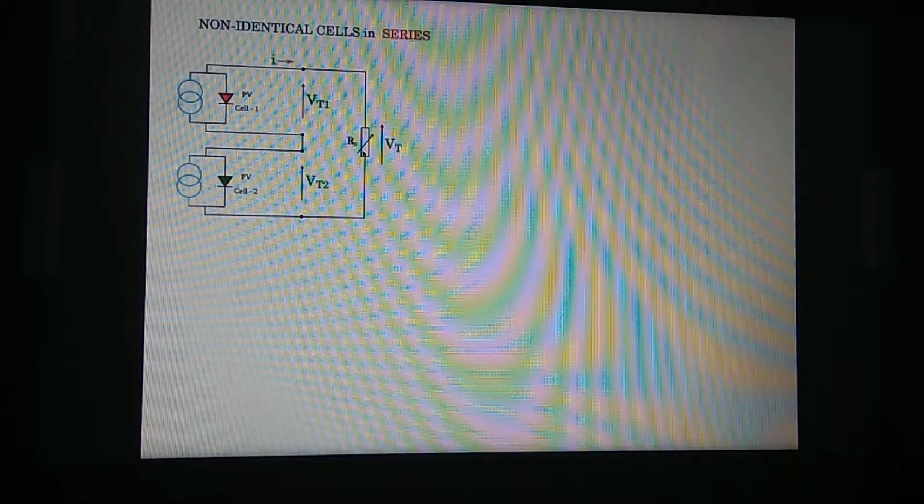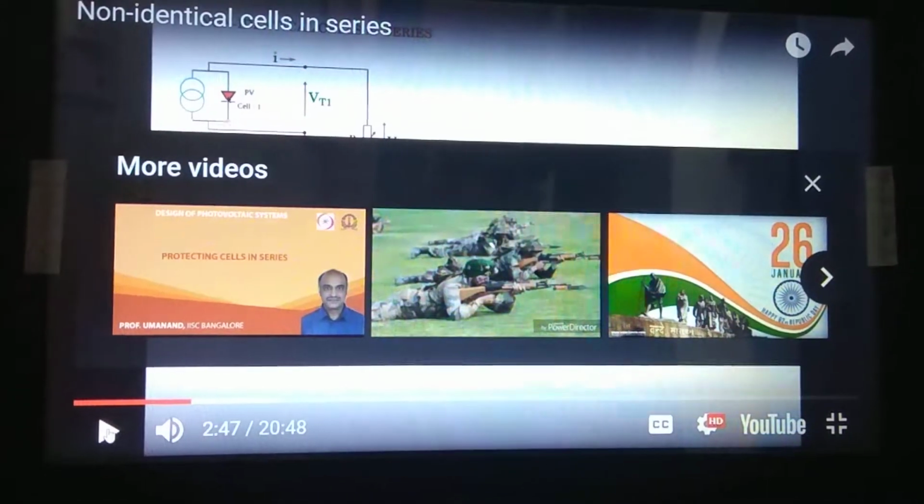We are interested in the voltage Vt across the terminals and the current through the terminals. Vt1 is the voltage across the terminal. Now we are interested in seeing how to get the IV characteristic of this entire combination.